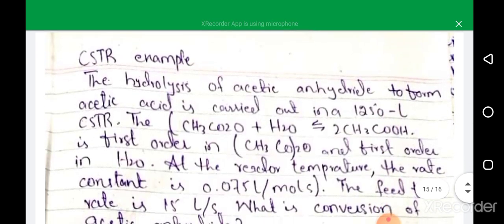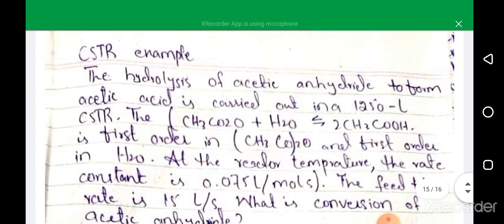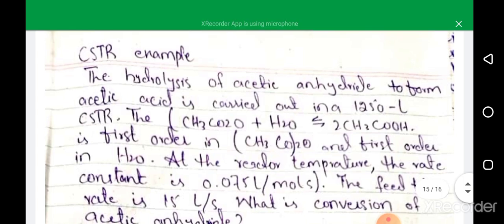What is an example of a CSTR, as we know? Here we look at a second order reaction in which the reaction of acetic anhydride occurs in a steady state continuous reactor, and so we make a diagram for the information.